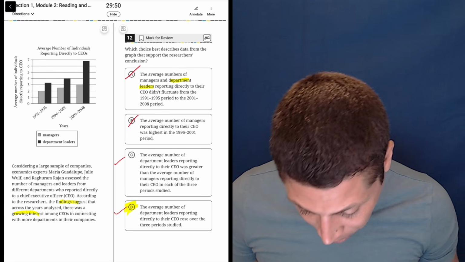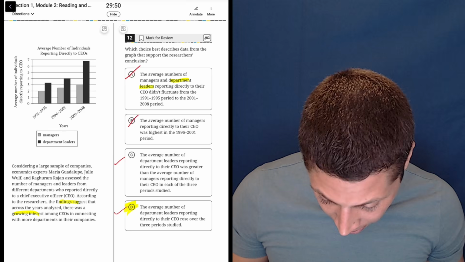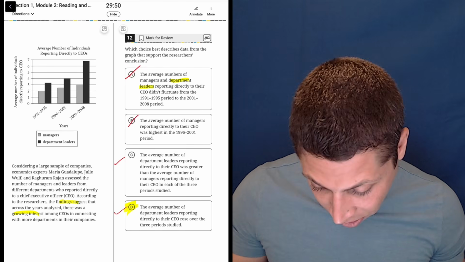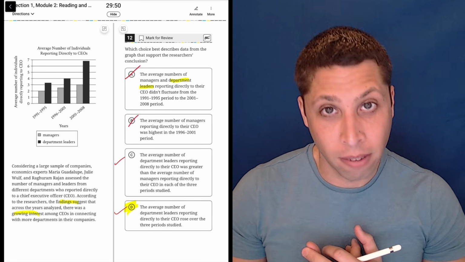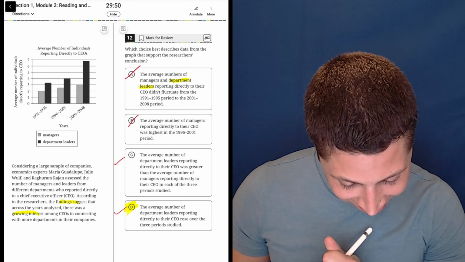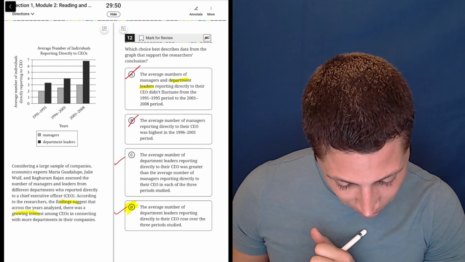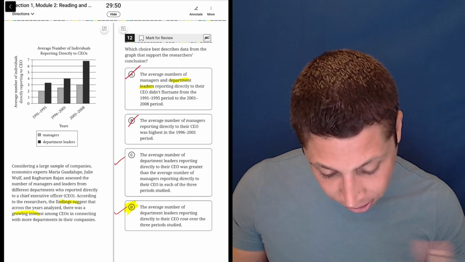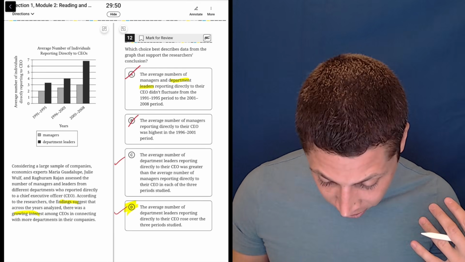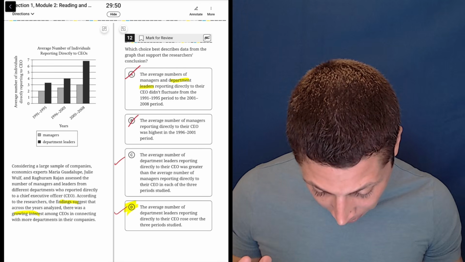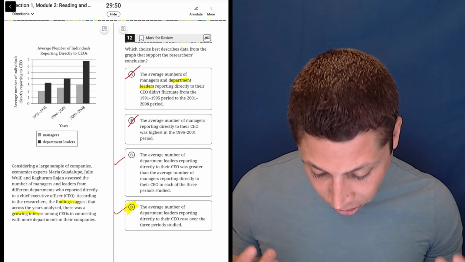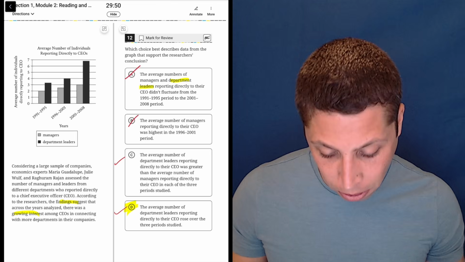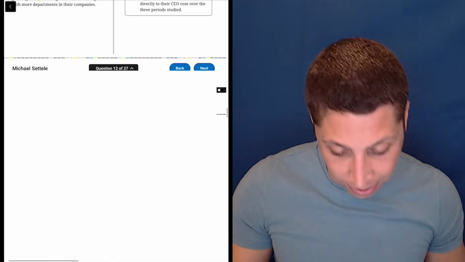I think D is the answer because it's about departments connecting with the CEO, because more department leaders are reporting. Yeah, because they're not comparing and contrasting managers to department leaders. Across the years, there's a growing interest among CEOs in connecting with more departments. Yes, that's right.